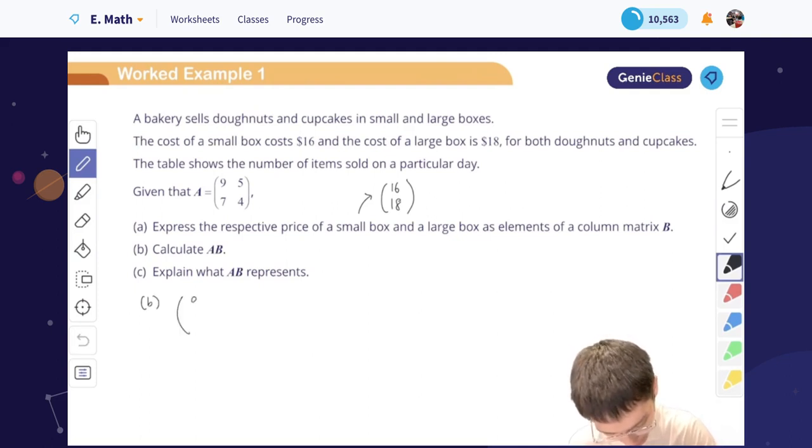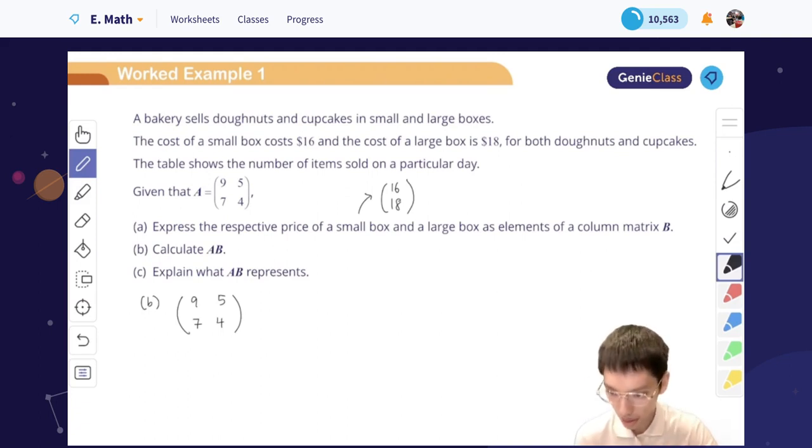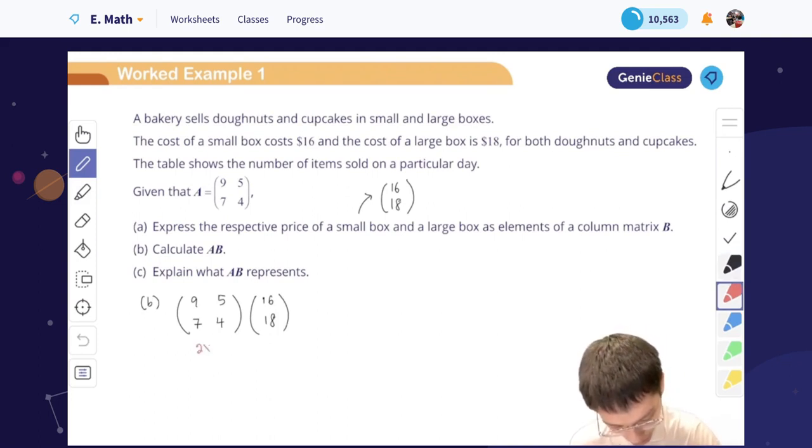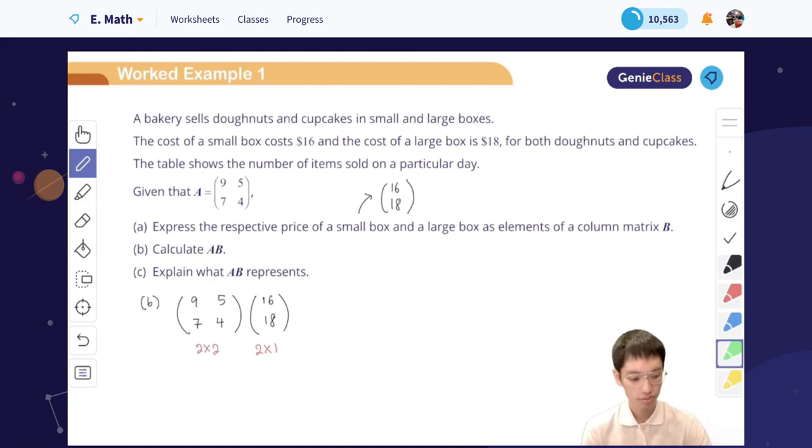So let's try 9, 5, 7, 4 and in this case, 16, 18. Now let's recap. Can we do our matrix multiplication? 2 times 2, 2 times 1. So can we do our matrix multiplication over here? Yes, we can.